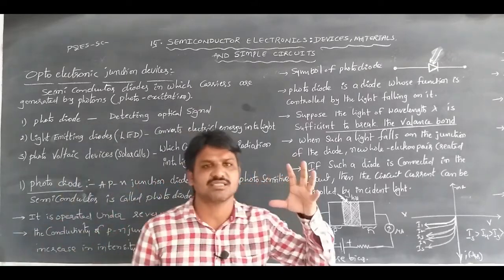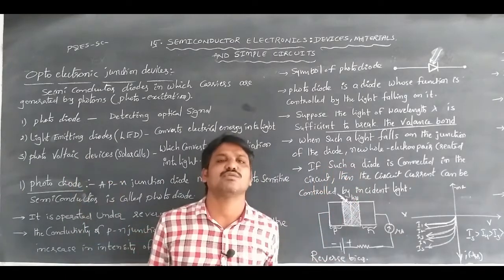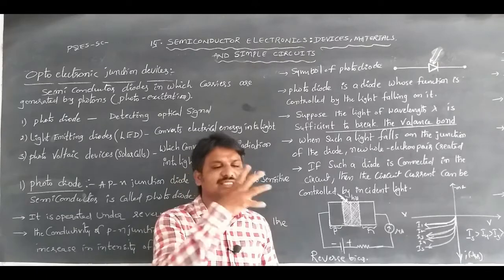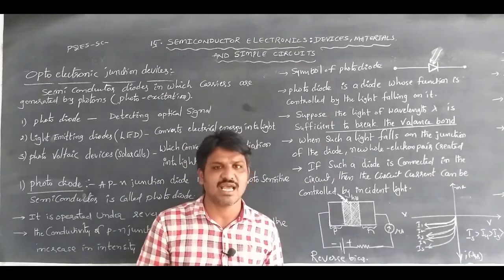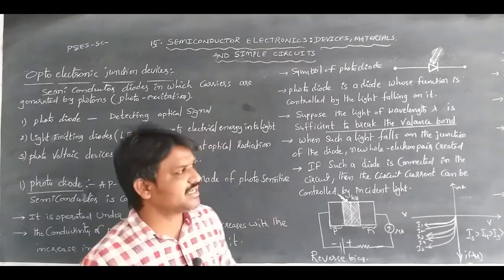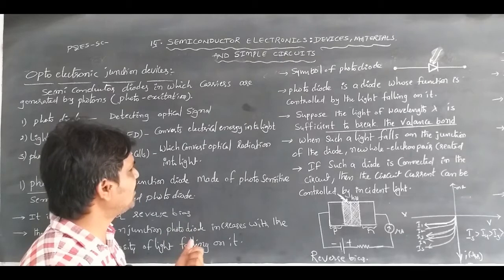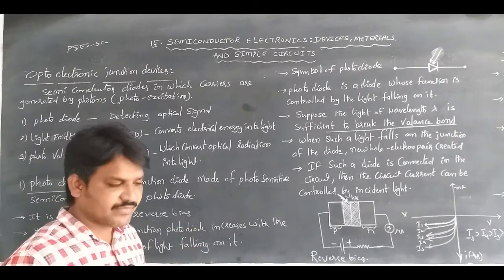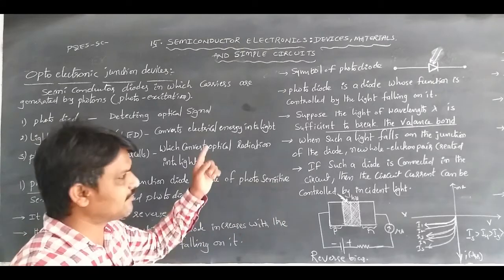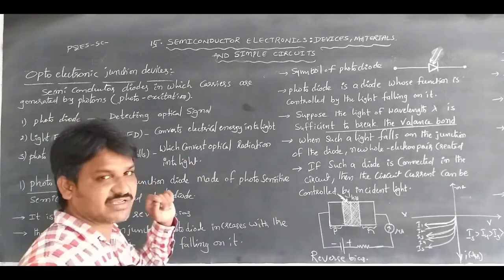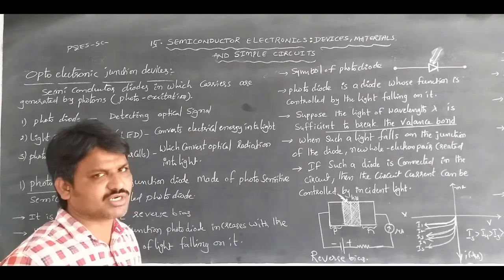When light is incident on them, it is absorbed, and more intensity means more conductivity. So camera light meters and clock radios, and also the receivers of remote controls. Whenever a remote control is used, the photodiode in the receiver is useful in TVs or whatever electronic devices are operated by remote controls.